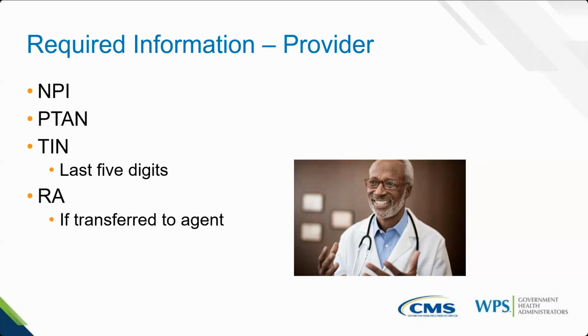You're only required to say or enter the last 5 digits of your tax ID, but you do have to say or enter, if you're using your keypad, the entire PTAN and NPI.